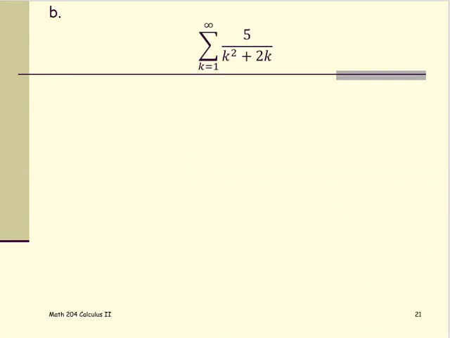Here is another example of a telescoping series. We have the sigma notation of 5 over k squared plus 2k. We see this as 5 over k multiplied by k plus 2, and find the partial fraction decomposition of this rational form.